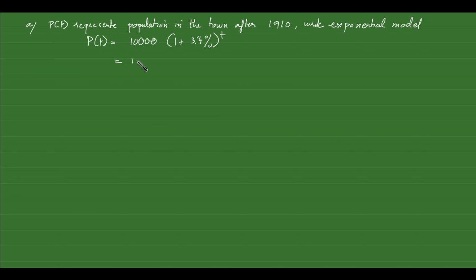So the model will be 100,000 times 1.034 raised to the t. Here you go. That is the model. Okay.